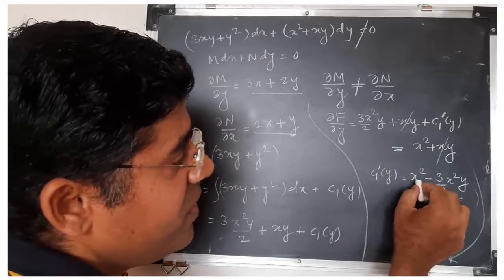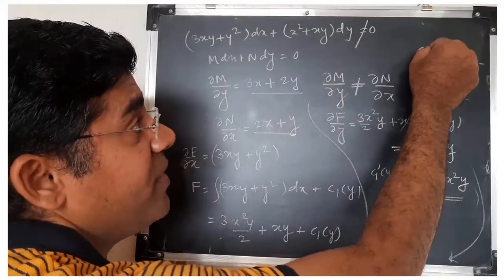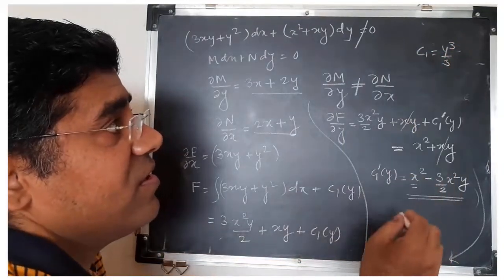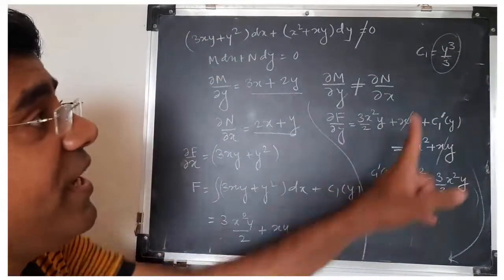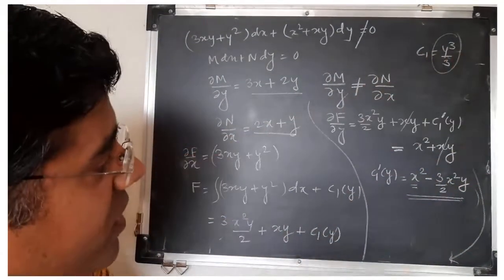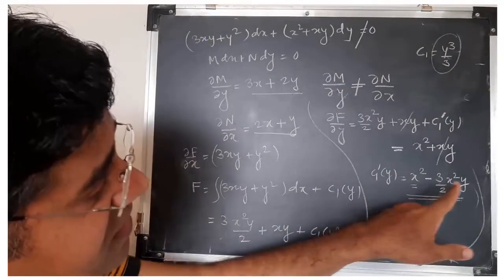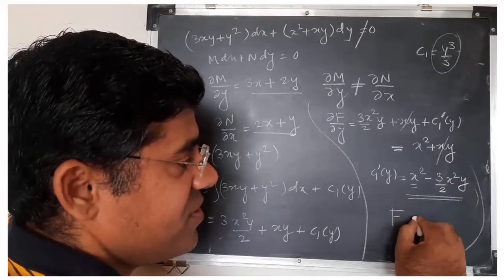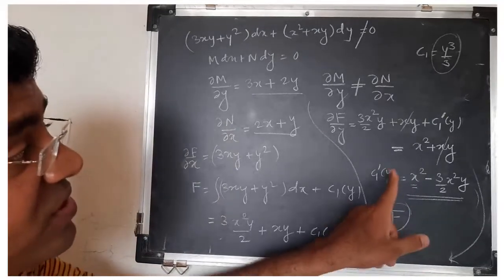If you remember the earlier problem, I got c1 of y equal to y cube divided by 3, and that term was free from x and a function of y only. But in this case it is a function of x and y, so I can't find the function f using this particular method.